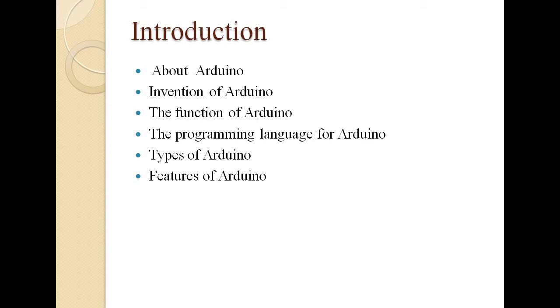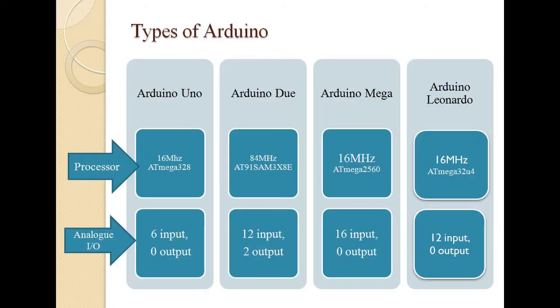Okay. After that, we have to discuss what are the types of Arduino. So see this table. There are 4 types of Arduino. First one, Arduino Uno. Processor used for Arduino Uno is 16 megahertz ATmega328. Then its analog input output is 6 input, 0 output.